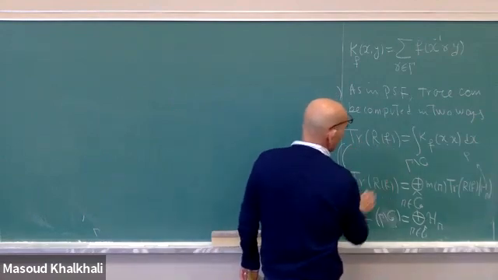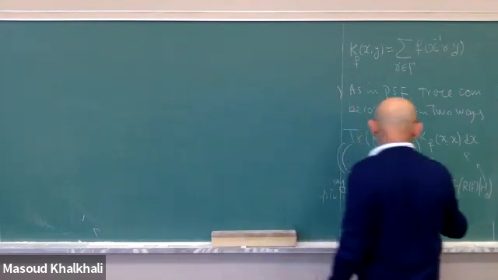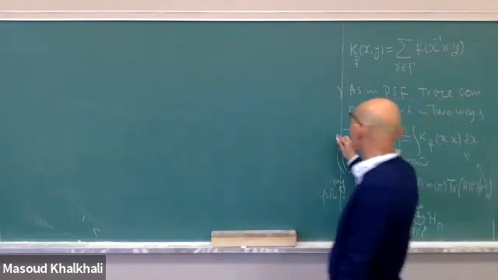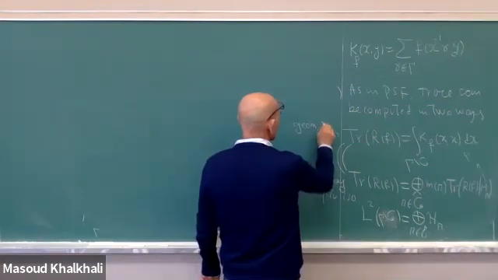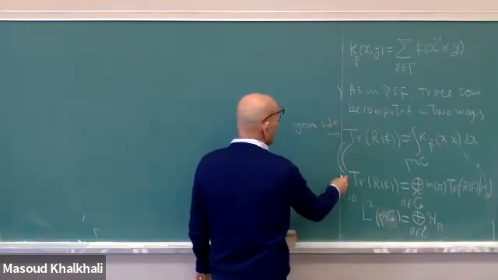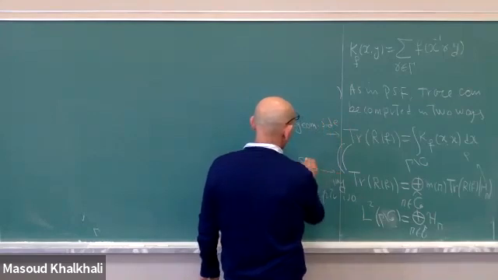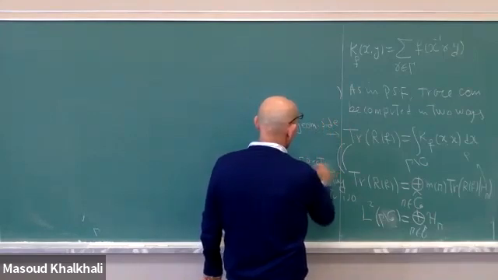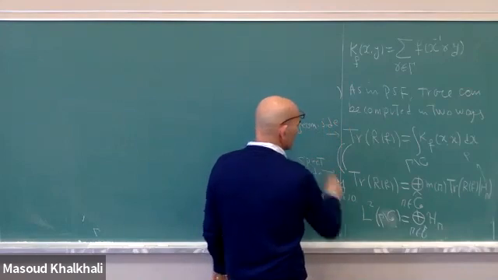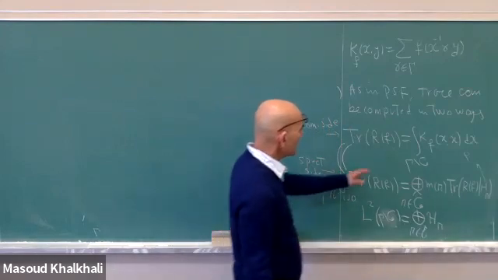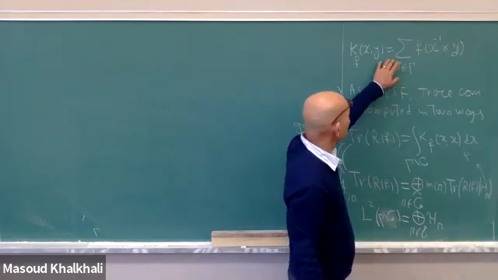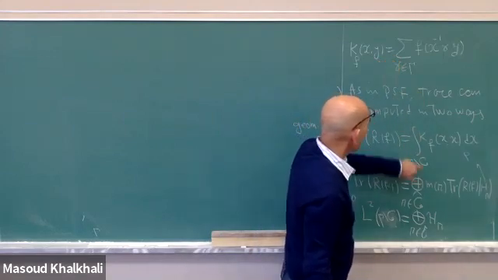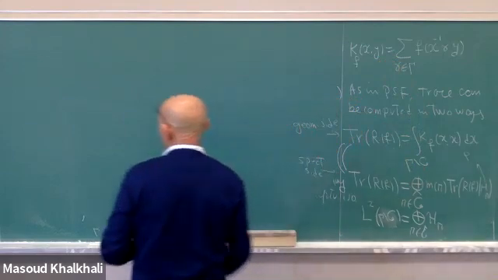This is the geometric side, and this is the spectral side of this trace formula. But the geometric side, we can just use this summation and the structure of this.